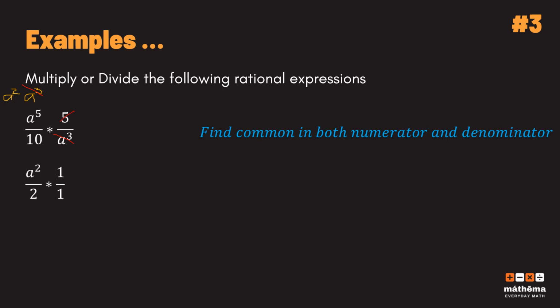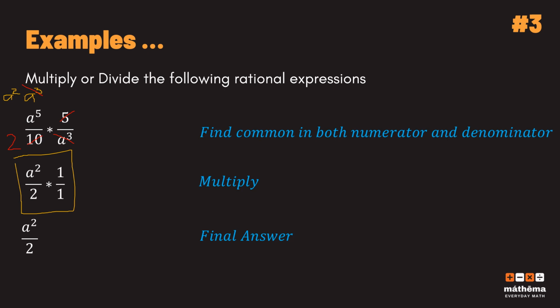What will remain is 2. So in our numerator, we will have a squared, and in our denominator, we have 2. Therefore, our answer is a squared over 2, which is the same as our answer earlier.